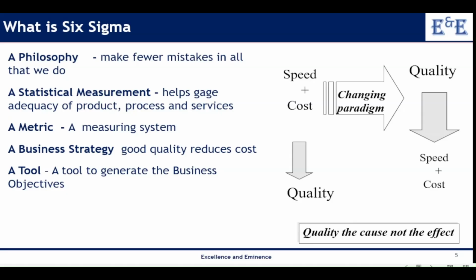For example, let's say you give the cheapest item at breakneck speed and there is a mistake. So obviously you are not giving both speed and cost, you are going to rework and the final product does not reach the customer. Suppose you give quality within the speed and cost, that will be the best product and the customer will be happier.